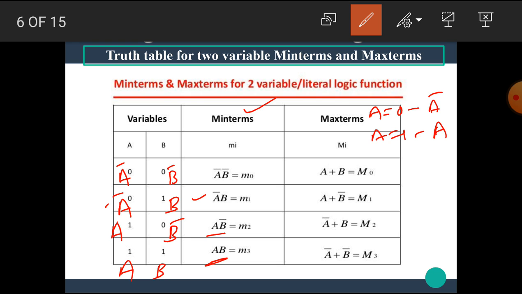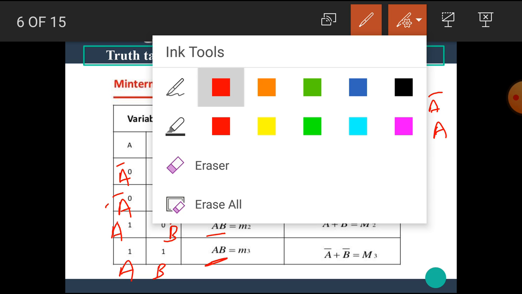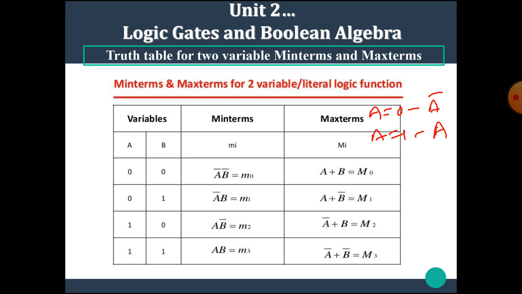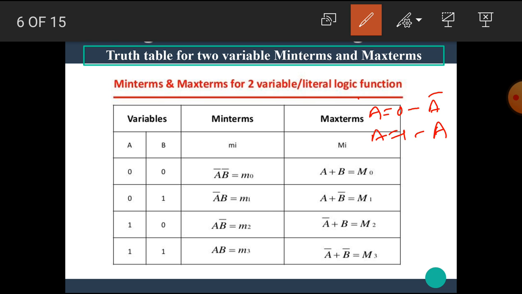Similarly, we can write the max terms. In the case of min terms, if a equal to 0, then we write a bar, and if a equal to 1, then we write a.